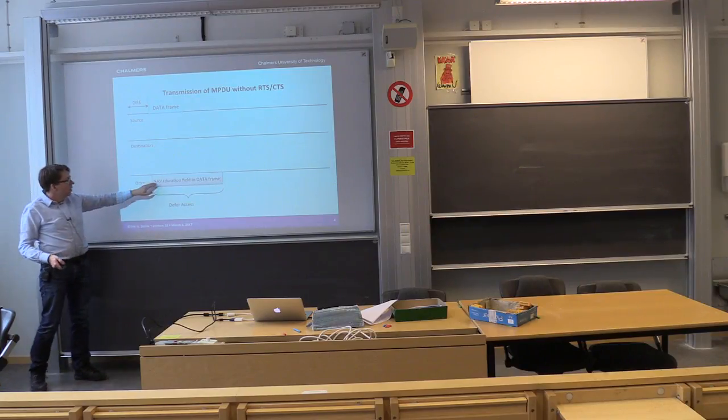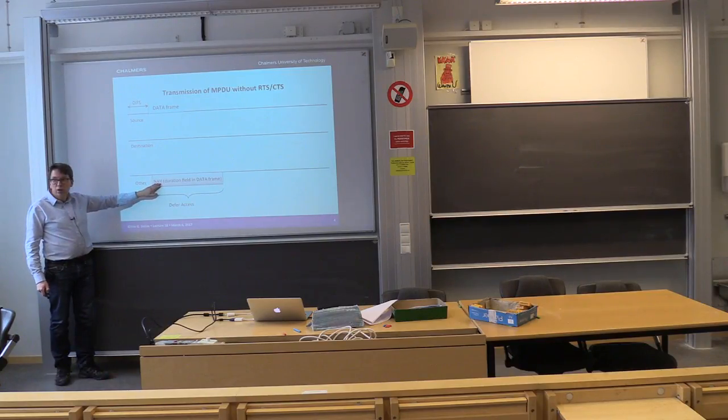Those stations that can decode this duration field in the header set their timeout, their NAV, to be equal to the duration field, those microseconds indicated in the duration field.